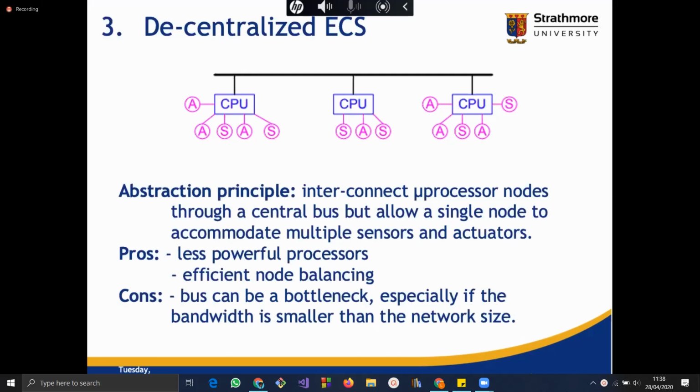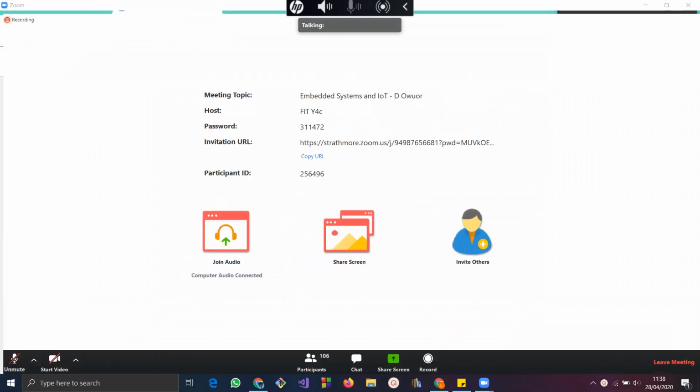This allows you to load balance the network, but the main disadvantage is that the bus is a bottleneck. For example, let's say the bus has a bandwidth of 8 bits.